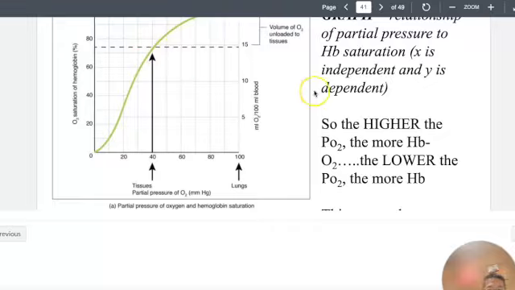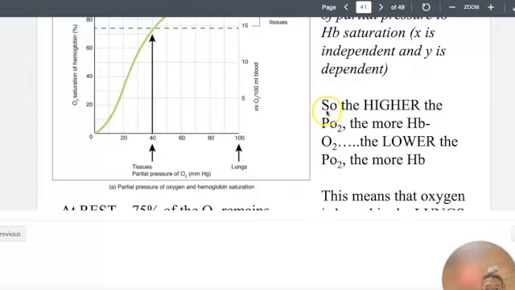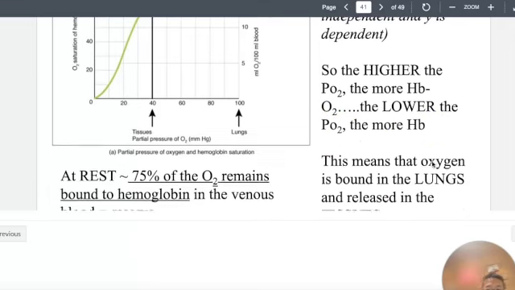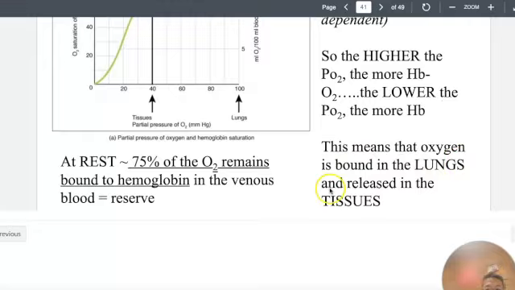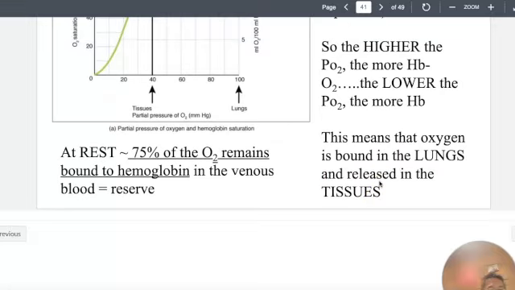So the higher the partial pressure of oxygen, the more O2, and the lower the PO2, which is partial pressure of oxygen, the more hemoglobin. This means that oxygen is bound in the lung and released in the tissue.